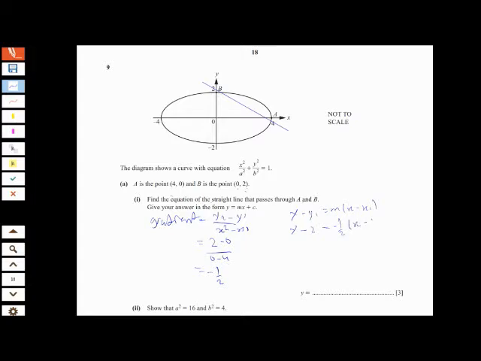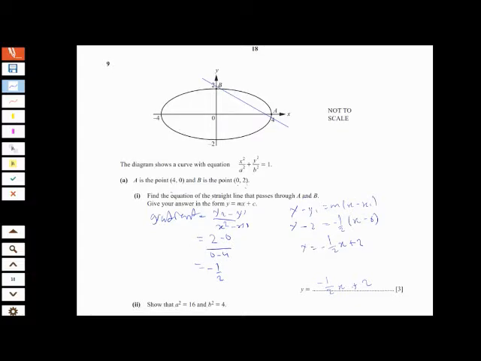Simplify that: y equals negative half x, and negative 2 moved to the other side is going to be positive 2, plus 2. And so that is your answer. That's an easy 3 marks that you should get.